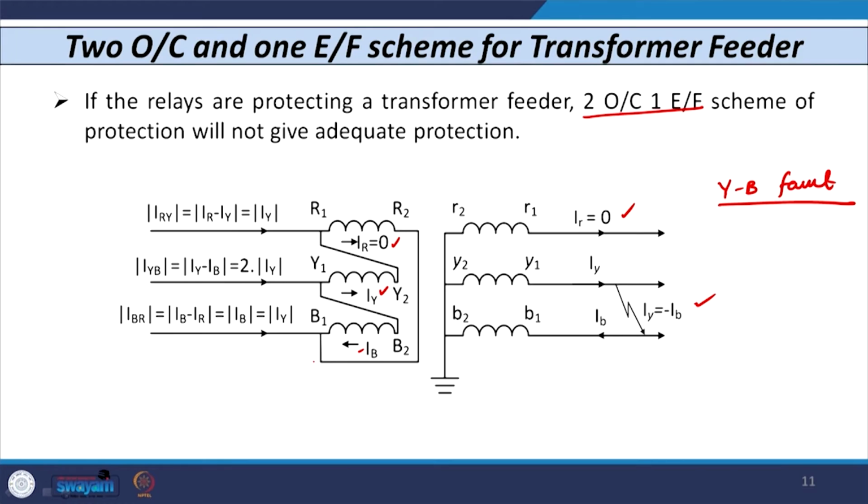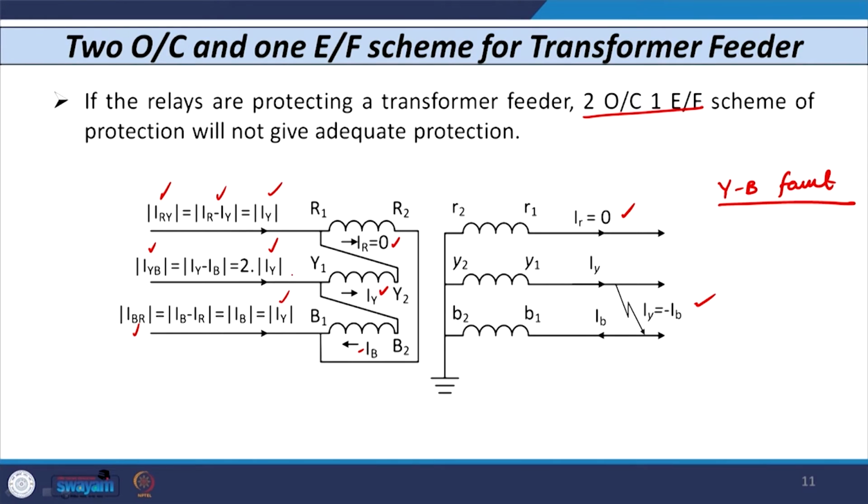So, if I calculate IRY, which is the difference IR minus IY, as IR is 0, we have magnitude-wise only IY. If I consider IYB, which is the difference IY minus IB, IY and IB are in opposition, so the current is 2 IY. Similarly, if I consider IBR, which is the difference IB minus IR, then again IR is 0, so we have only IY.